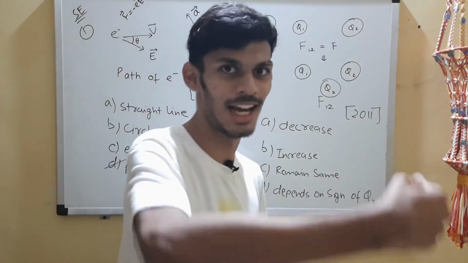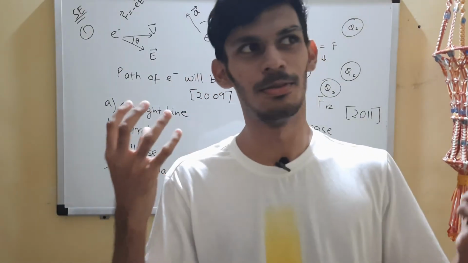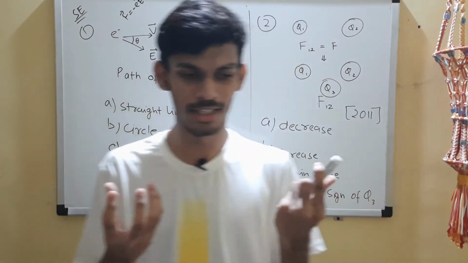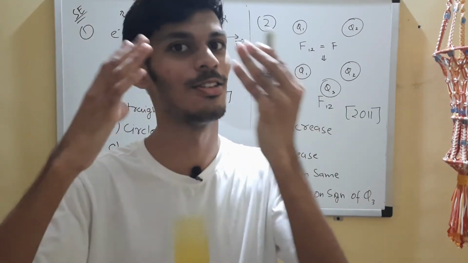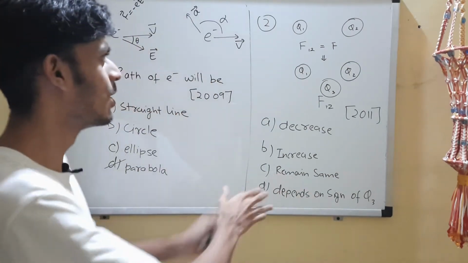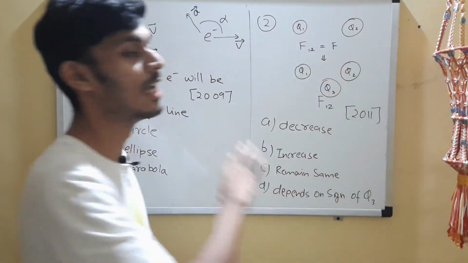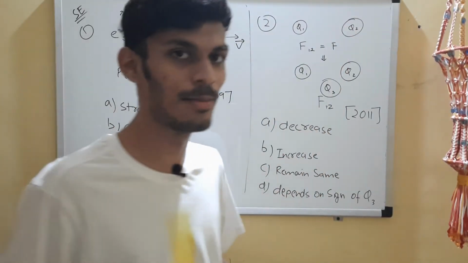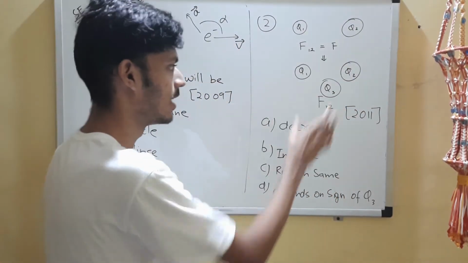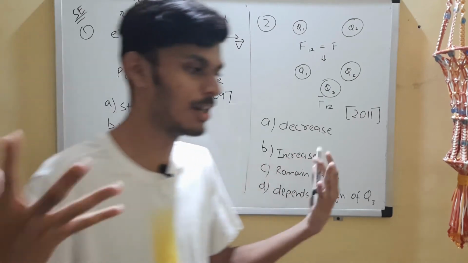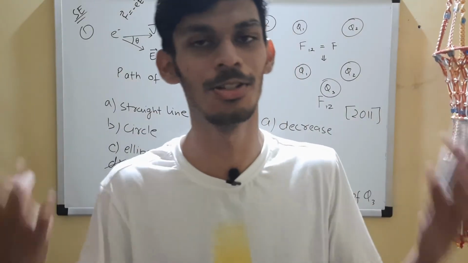The line that we are going to use is that the force between any two charges is independent of the presence of the third charge. So the force between 1 and 2 does not depend on the presence of Q3, which means that the force over here and here is the same, since it does not depend on the presence or absence of Q3.